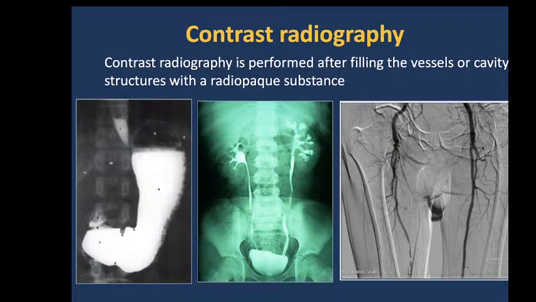Another way is to inject a special fluid into the arteries, like here it was injected in the right femoral artery and left femoral artery, and made these vessels visible.